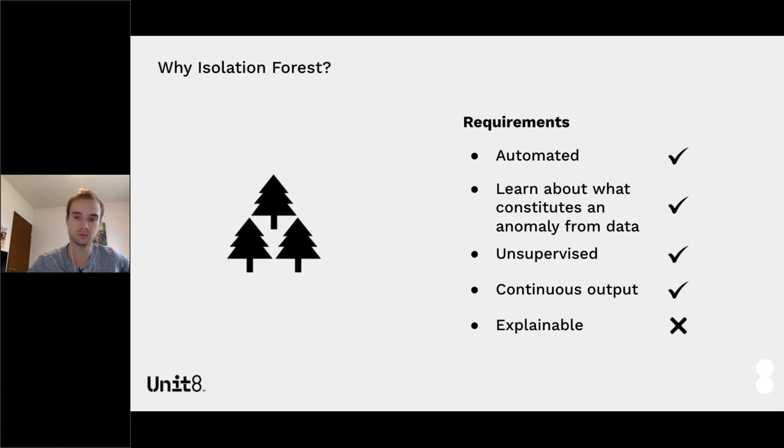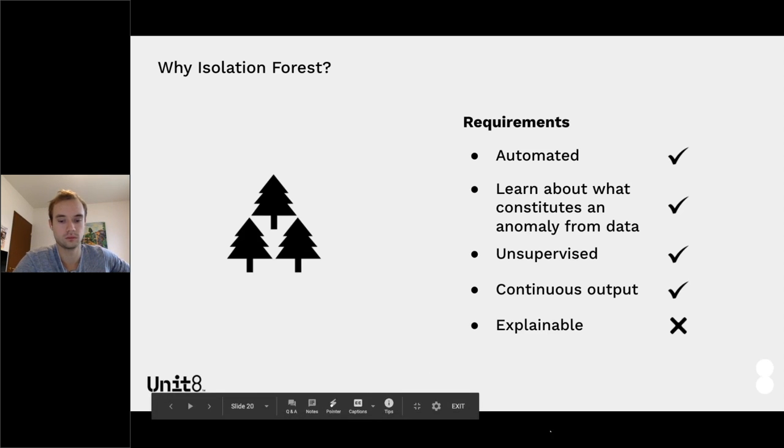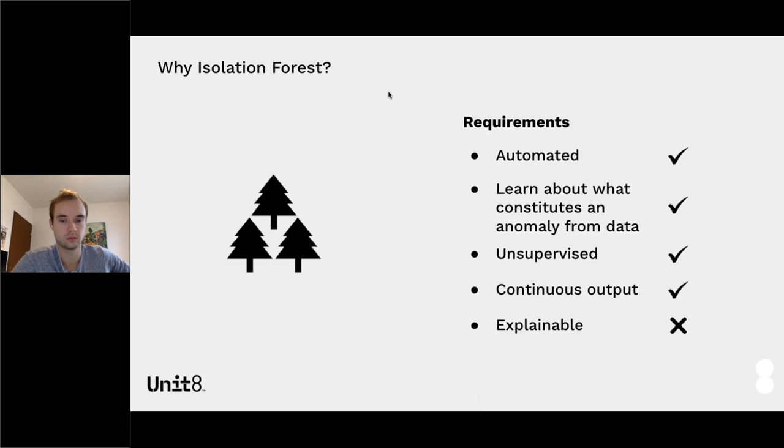The reason we chose this is basically because it fulfills all important requirements for our model that we defined earlier, except explainability. If you remember the requirements said earlier by Francesco: it's automated, learns what constitutes an anomaly from data, unsupervised, and continuous output. The explainable part will be explained later by Francesco.